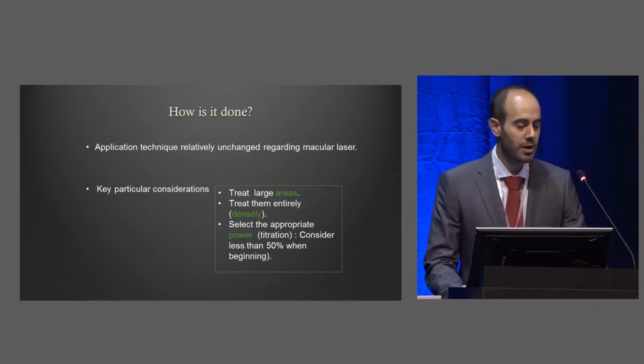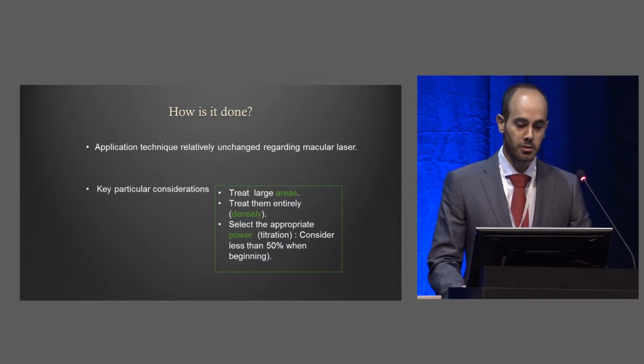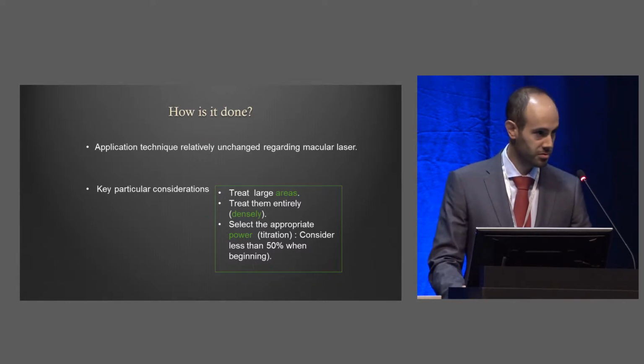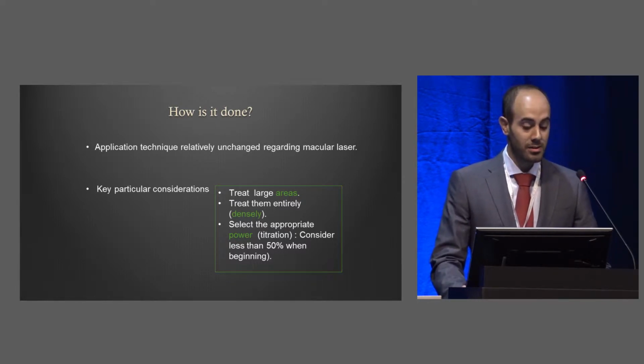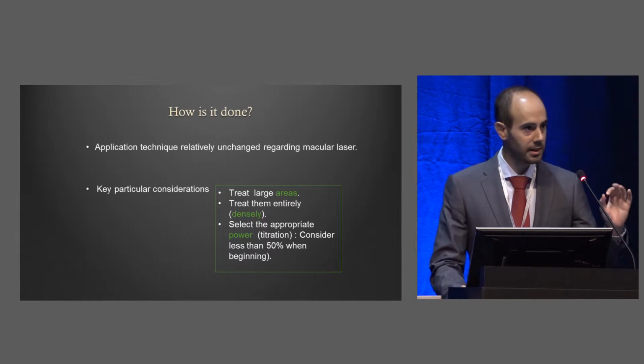Well, for anybody minimally used to performing macular laser, there is not a great difference. It's relatively unchanged. The only thing that changes is the concept. Here, as Dr. Chong said earlier, we are not shooting that aneurysm, we are not burning that leaking point.